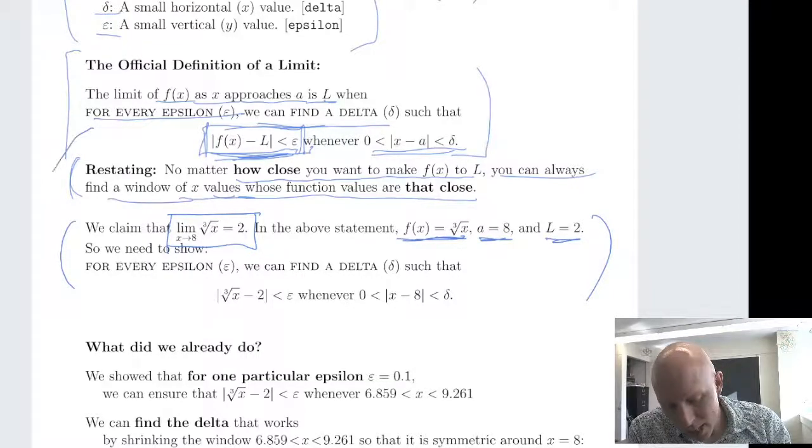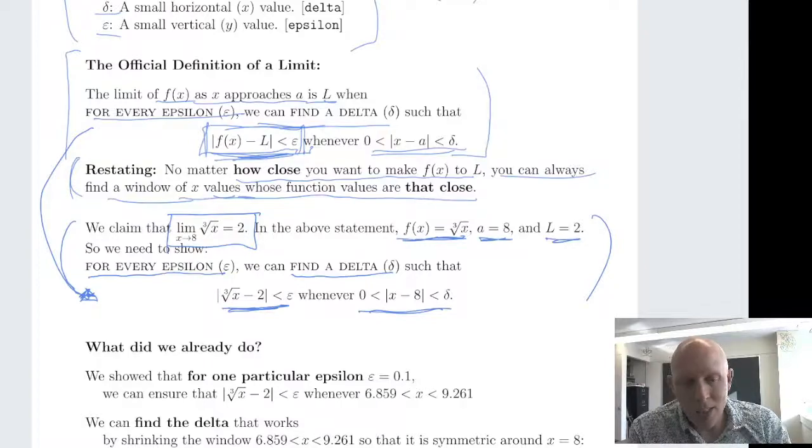So let's take this and translate it into the equation that we had from before. We need to show that for every epsilon, we can find a delta such that the distance between the cubed root of x and 2 is less than epsilon whenever the distance between x and 8 is less than delta.